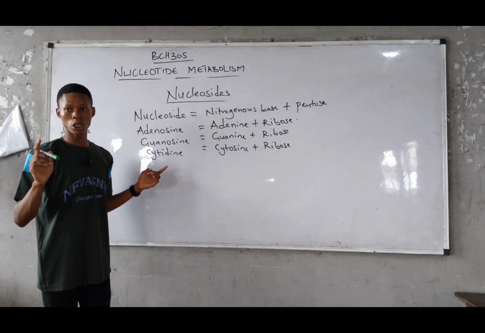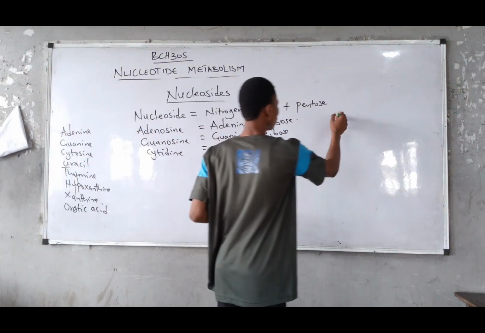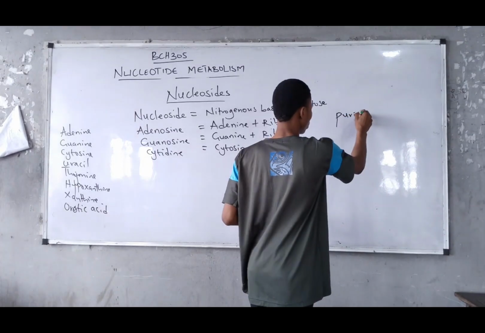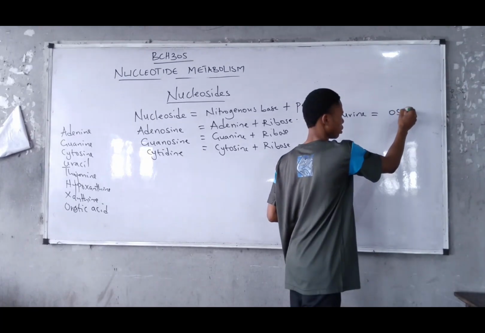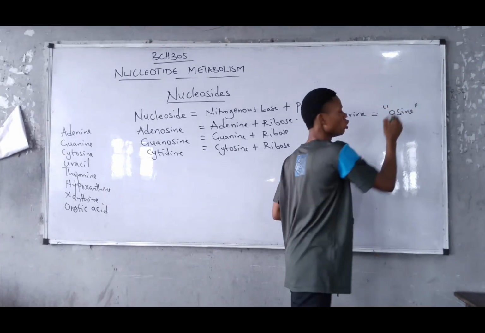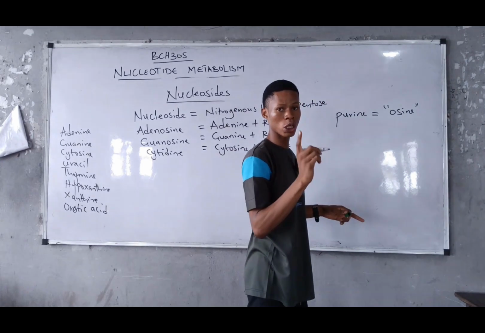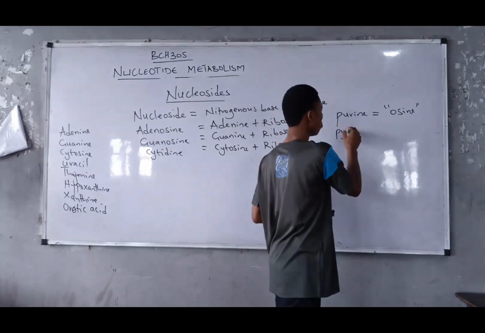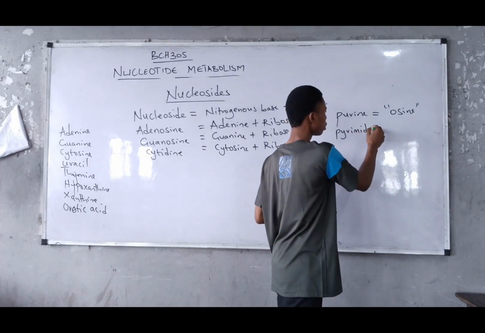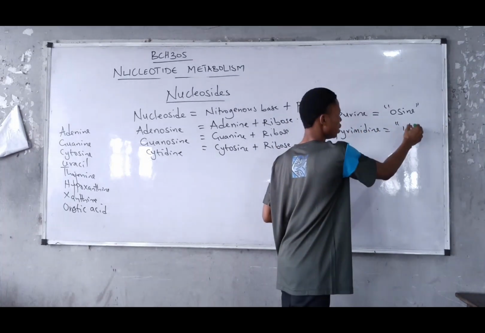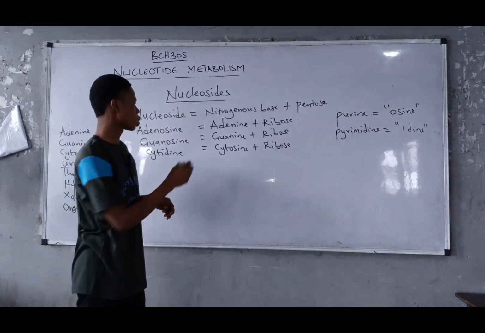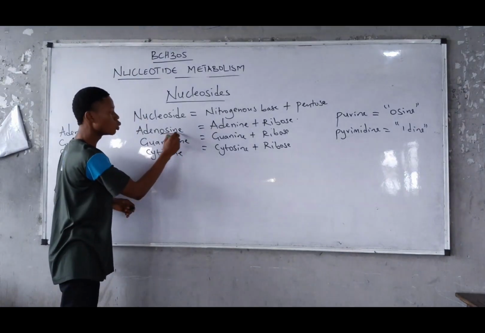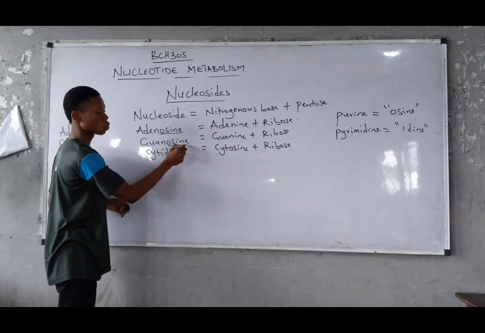Now, one thing you should notice: the nucleosides of purines end with osine, while the nucleosides of pyrimidines end with idine. For the purines, osine, just like adenosine, guanosine.